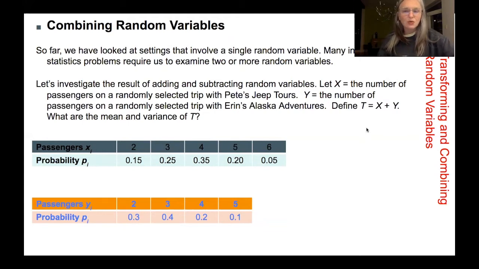Let X equal the number of passengers on a randomly selected trip with Pete's Jeep Tours, and Y the number of passengers on a randomly selected trip with Aaron's Alaska Adventures.